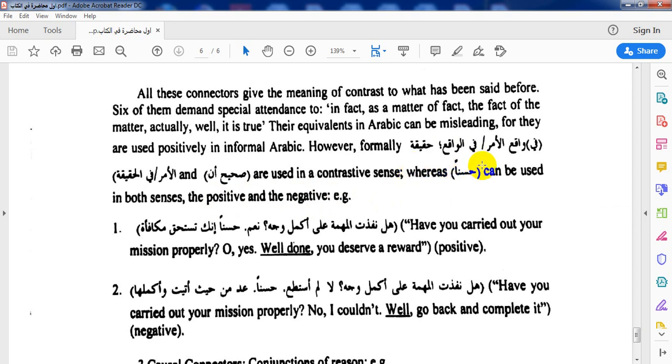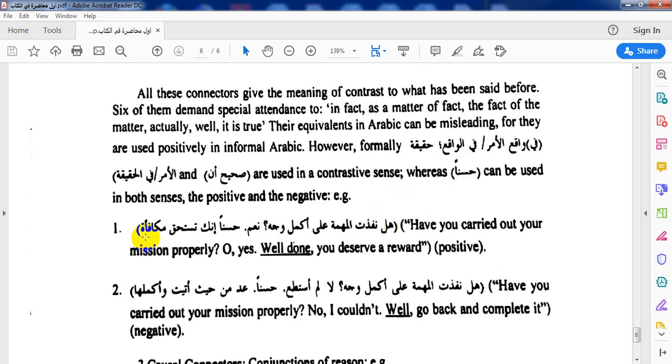Sometimes it gives a positive sense, or a negative sense, according to the context, according to the speaker.